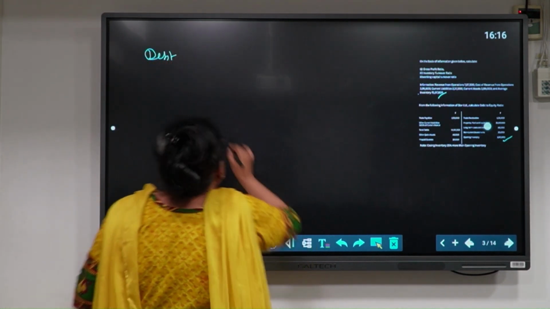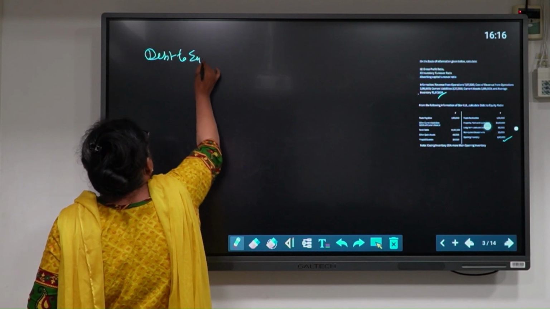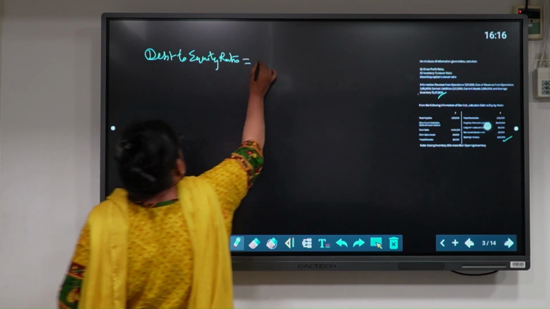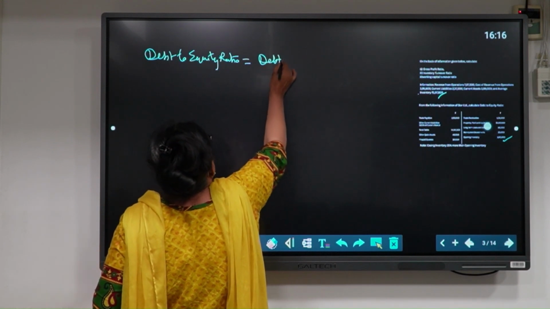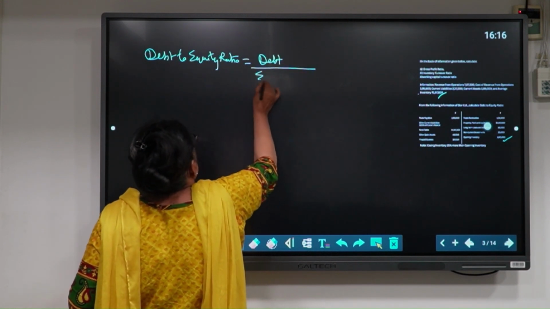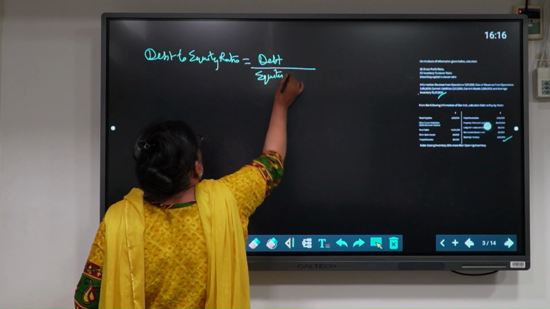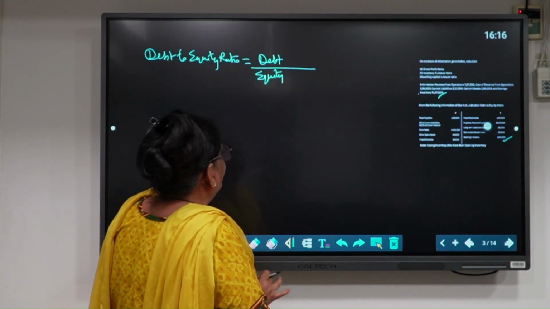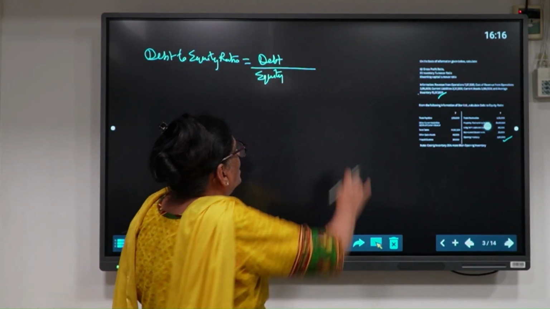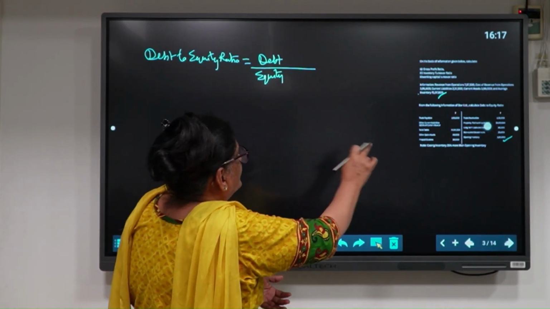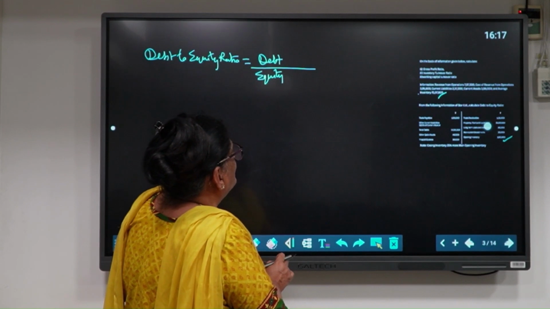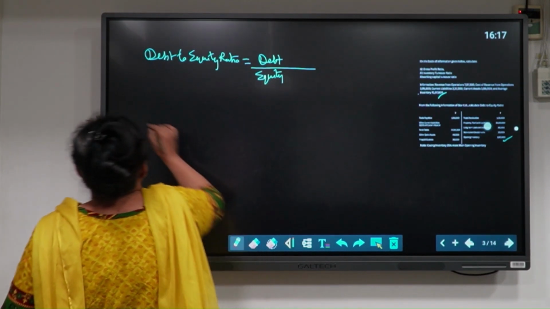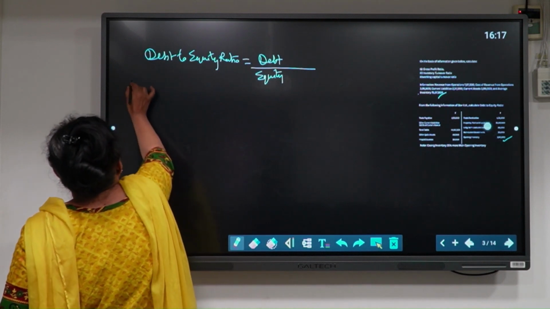Debt will come, debt divided by equity. Debt divided by equity is our formula. For getting the debts, we have to take total debts minus your non-current liabilities. If you subtract, then you get the debts. Fine? So please work now. Working notes. Before this we have notes.